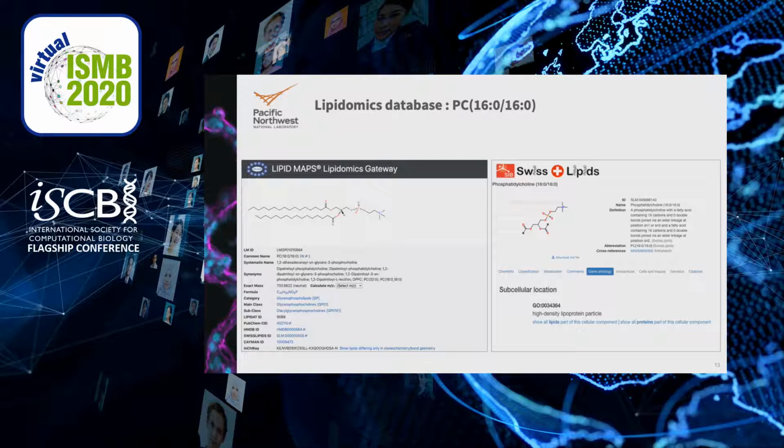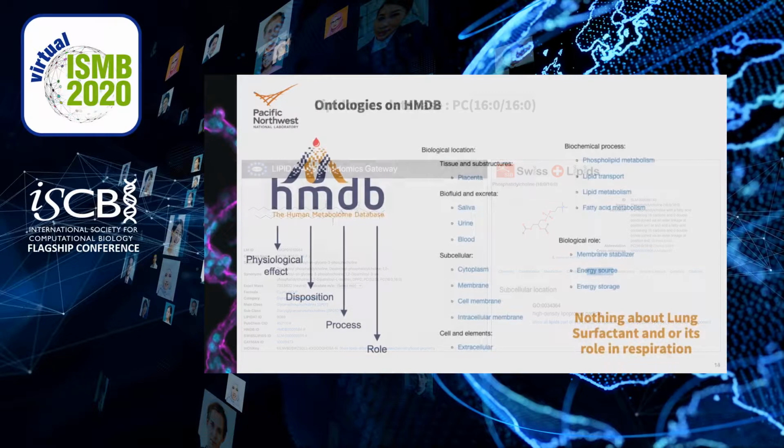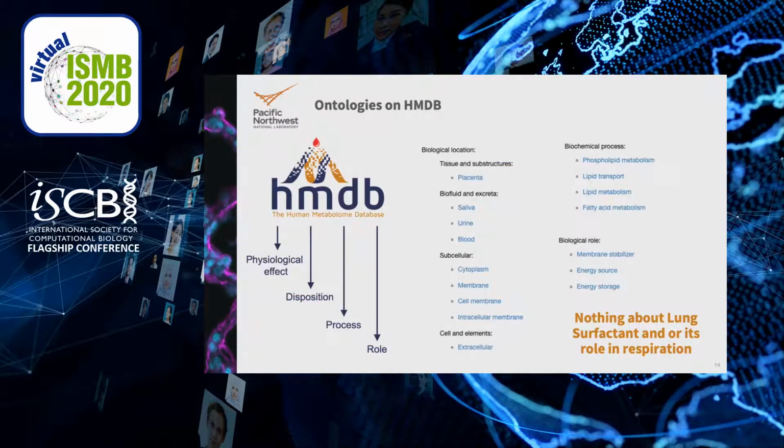On Swiss Lipids, it is associated with the high-density lipoprotein particle gene ontology term. On HMDB, it's a little bit better. There are some ontology terms that have been created automatically for physiological effect, disposition, process, and role. Unfortunately, as you can see here, nothing is related to the actual function of this lipid in the lung, and it's true for a lot of lipids.